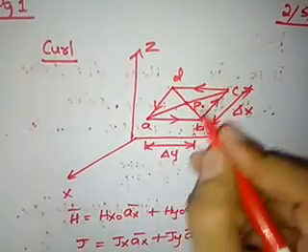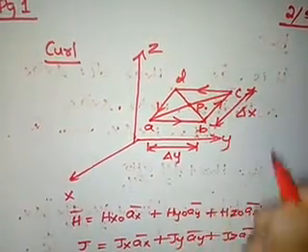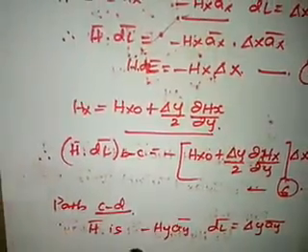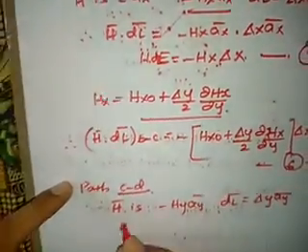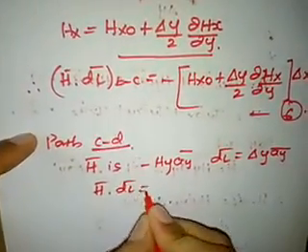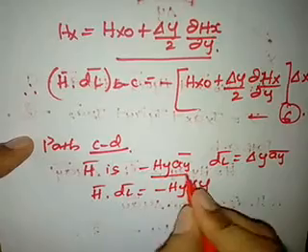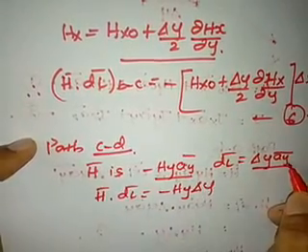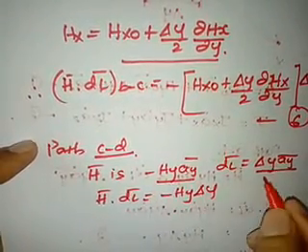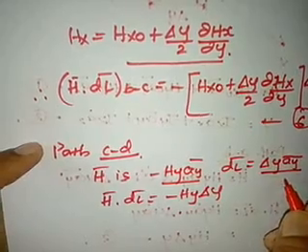This distance is delta y, parallel here, so delta y into ay, its unit vector. Therefore H dot dl will be equal to minus Hy delta y. If you take the dot product, ay dot ay will be equal to 1, so it will be minus Hy delta y. Hope you are all following, students.